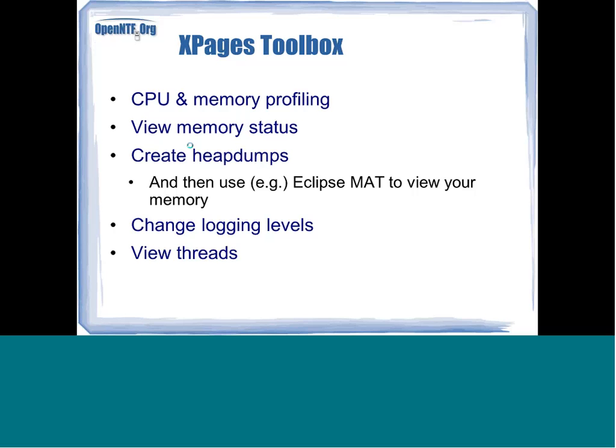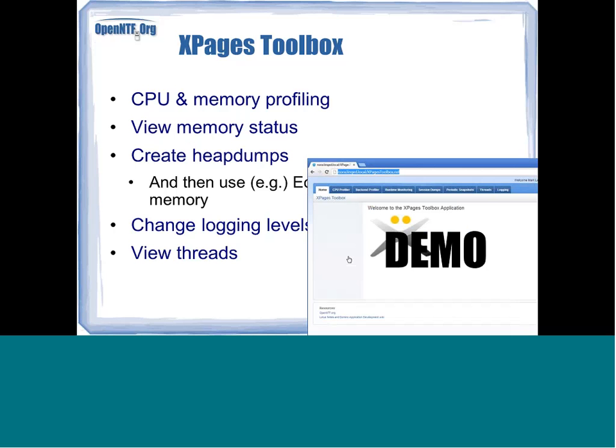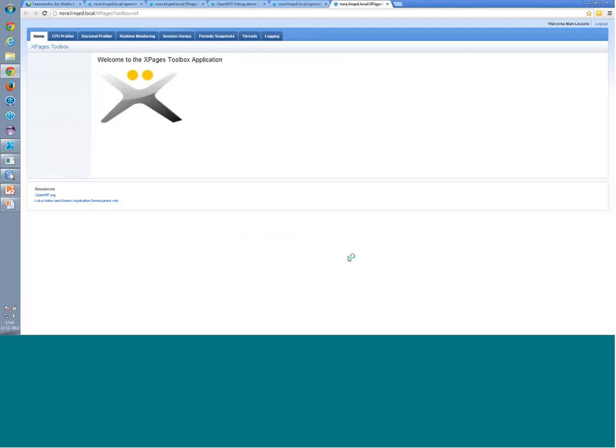It also allows you to change the logging levels of some core objects of the XPages runtime environment, and you can have a look at the current threads that have been created on your server. I'll give you a short demo of the XPages Toolbox. So this is the basic application. Installation of this application is a bit more difficult than the log file reader.